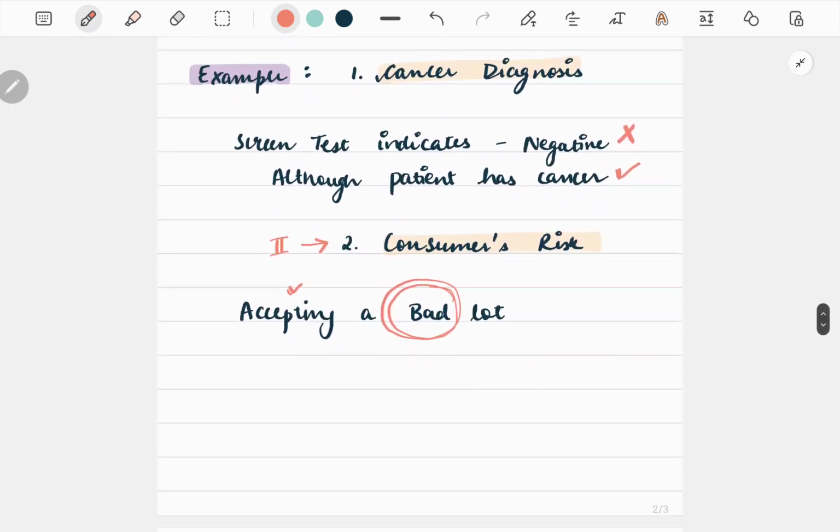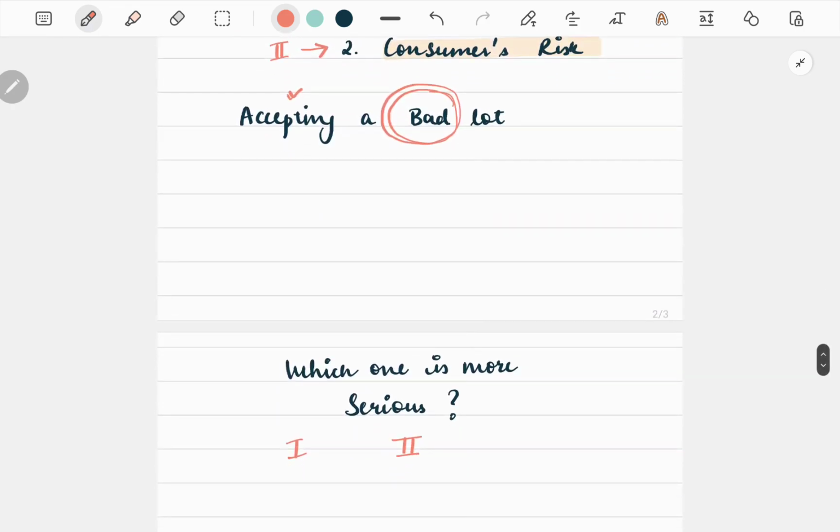Hence, we can say that there is no specific explanation on which one is more serious. We cannot generalize which one is more serious.